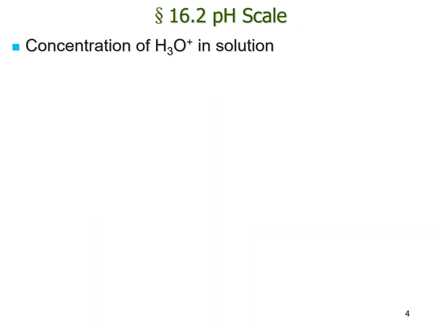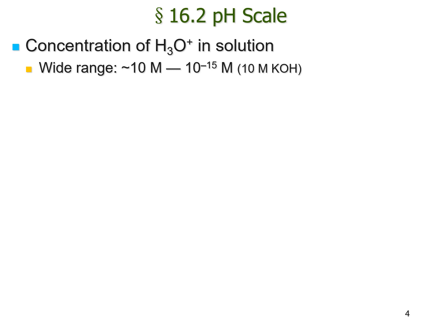All right. From the definition of Kw, we now realize Kw equals the concentration of hydronium times the concentration of hydroxide. So that means we can replace the concentration of hydroxide with hydronium, right? For example, if we have a very basic solution like 10 molar KOH, that means 10 molar hydroxide.